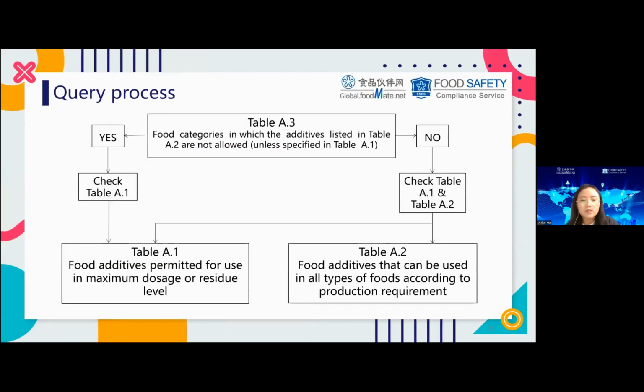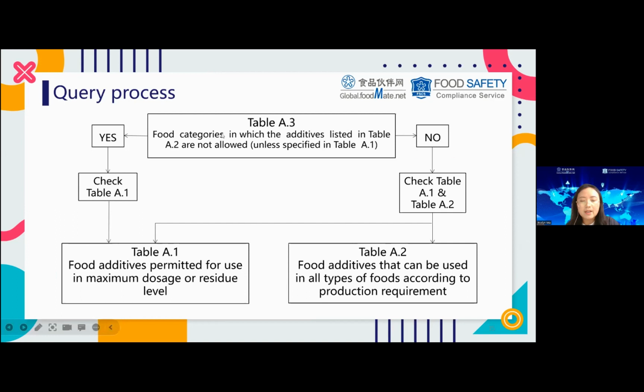And to simplify the understanding of this provision, we have created a flowchart here. You can get the accurate provision of the food additives. The first step is to check whether the food category is listed in the table A3.